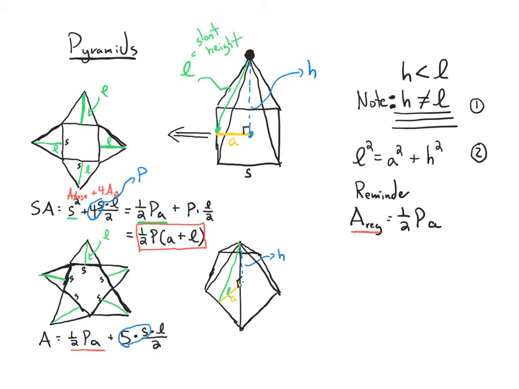So, let's simplify this the same way. This is 1/2 PA plus P times L over 2, which is, of course, the exact same thing as above. 1/2 P times A plus L. So let's write that in general on the next slide.